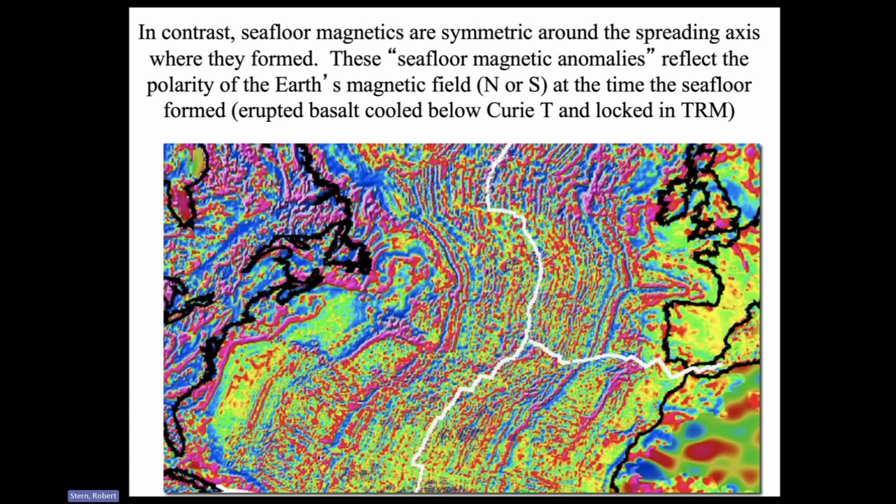These seafloor magnetic anomalies reflect the polarity of the Earth's magnetic field, north or south, at the time the seafloor formed, right? And basically when the erupted basalts cooled below the Curie temperature and locked in their thermoremnant magnetization.